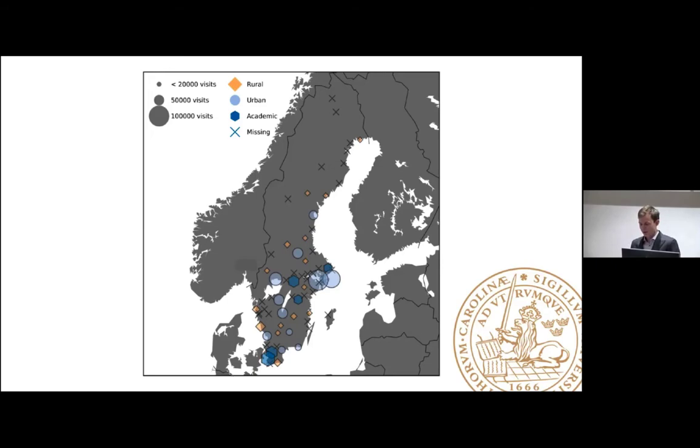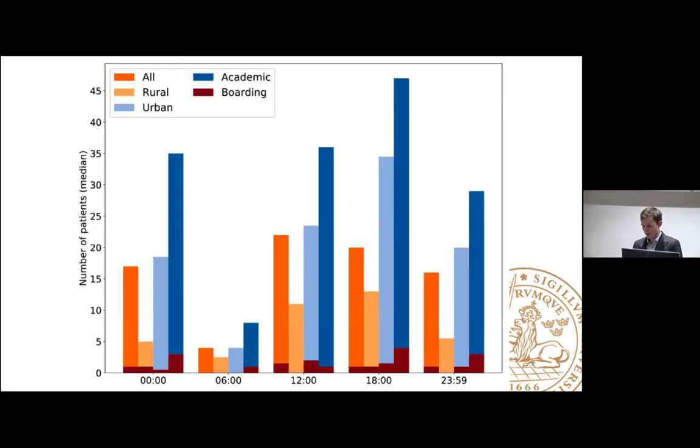And then you have the geometrical figures denoting the size and the type of the emergency department. So we were fairly happy with 50%. We would have liked to have more, but we did get to 36 departments.